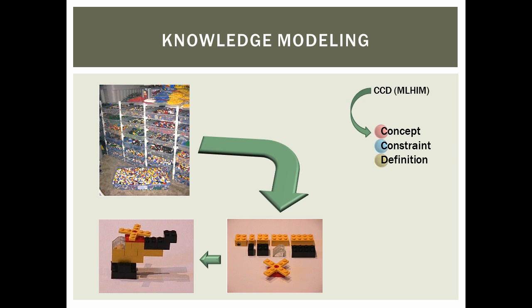Those pieces will be connected to some other pieces, but not connected to other pieces. Not all the parts of the pieces will be connected to each other. They will have a specific format, and that's what you do when you are building a CCD.